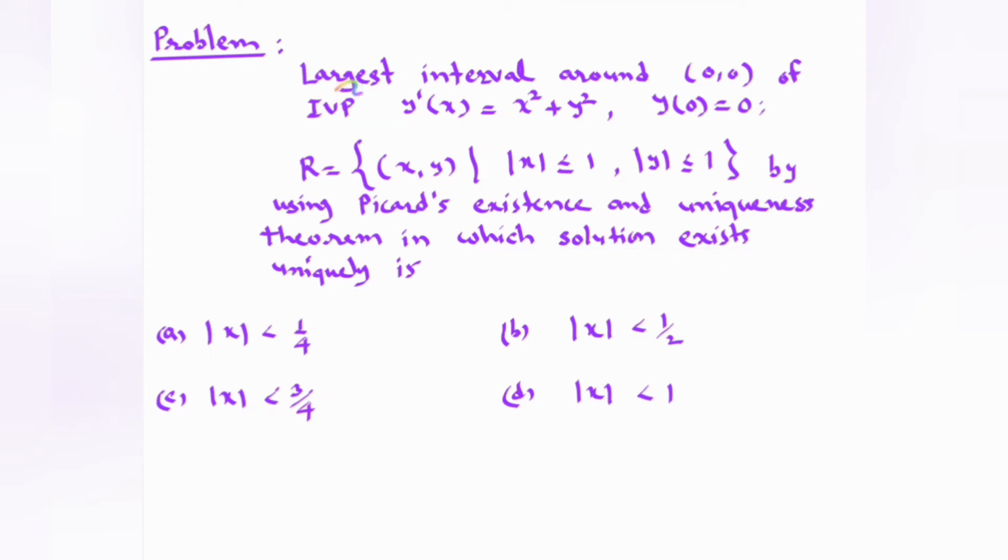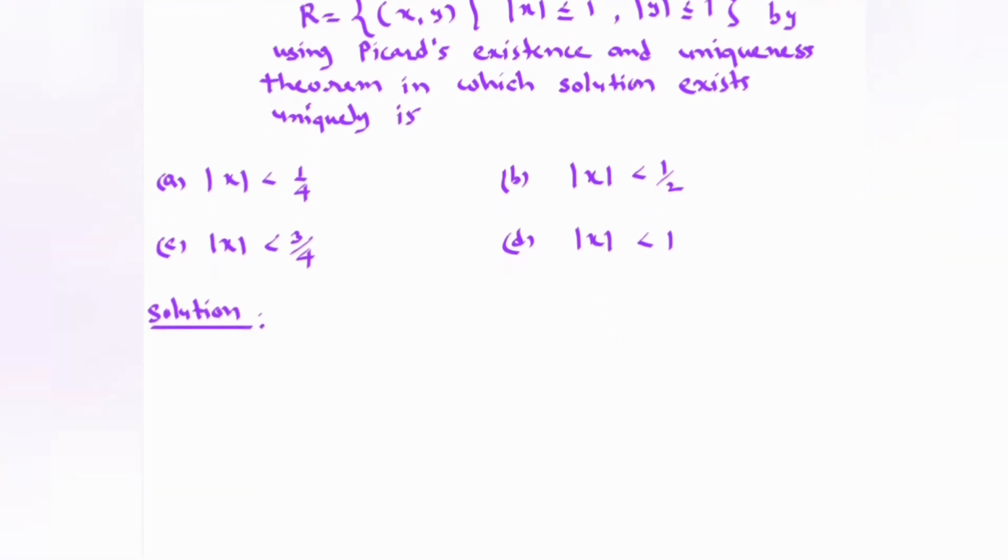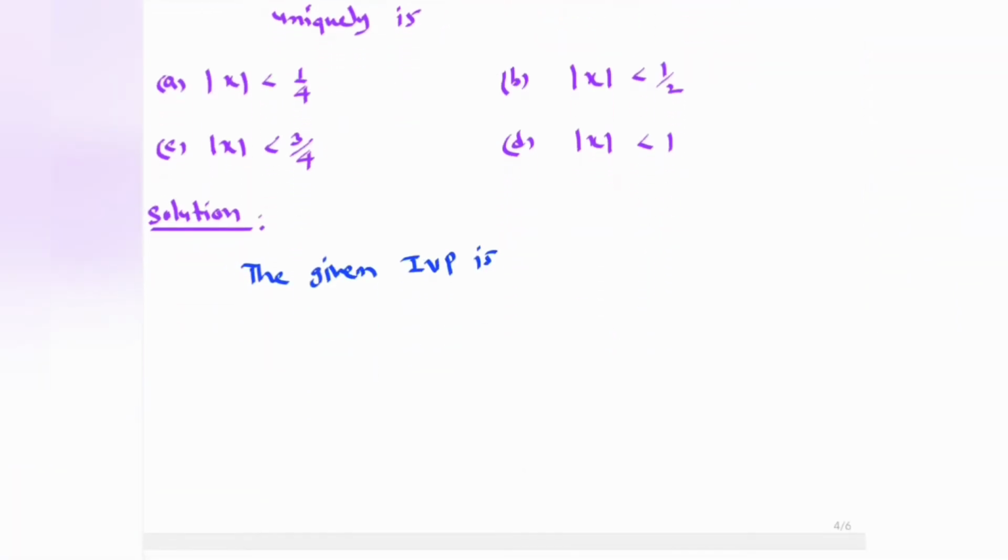So we have to find the largest interval around the origin such that the initial value problem has a unique solution on the region R. So we have to use Picard's theorem to find the largest interval of existence.